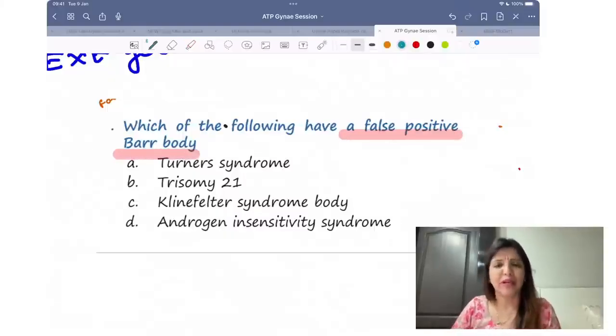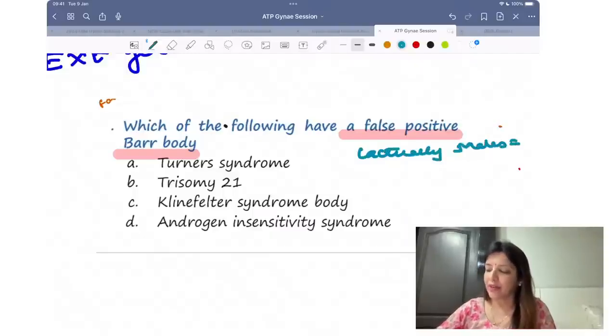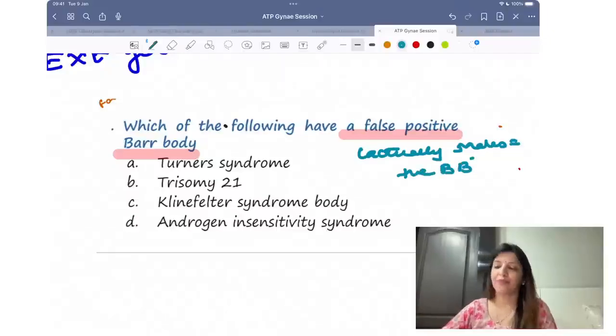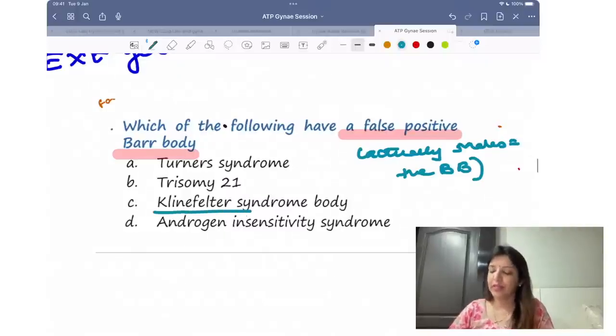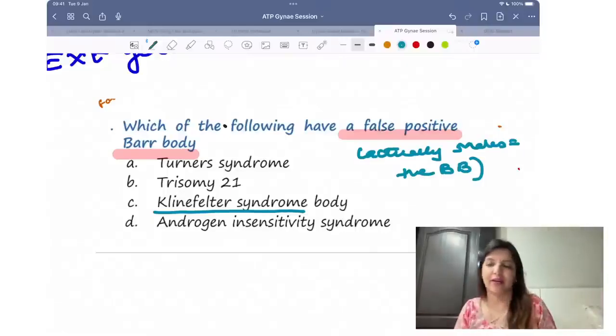False positive means that they are actually males but they are having a positive bar body. You are going to get it in Klinefelter's syndrome. Are you understanding? False positive means its positive result is wrong. It should have come positive in a female, but it is coming positive in a male, that is false positive, right?